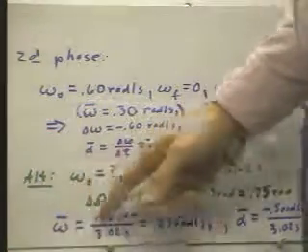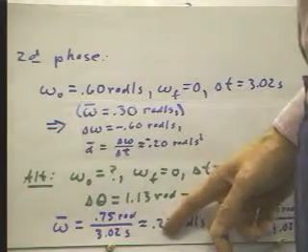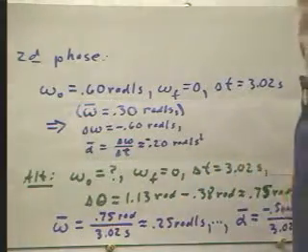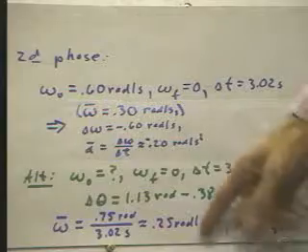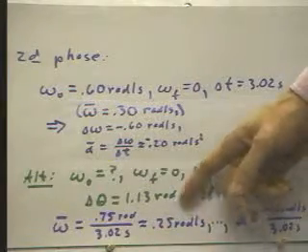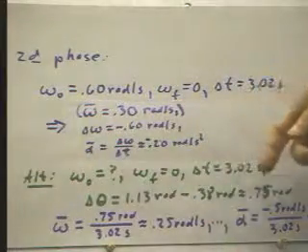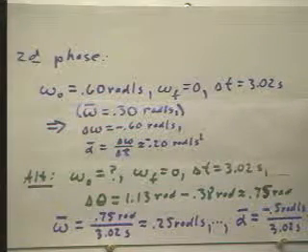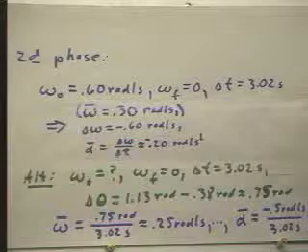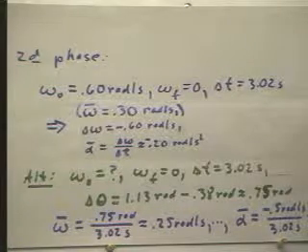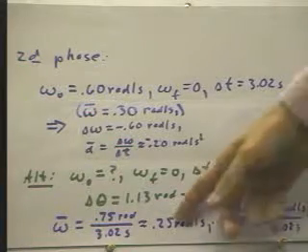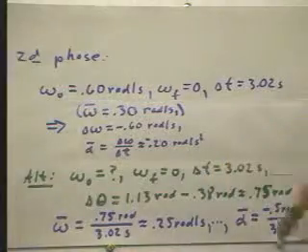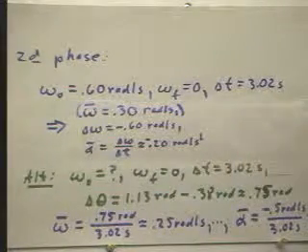That tells us that the average angular velocity must have been about 0.25 radians per second. And then we can use this, of course, to find the final angular velocity, or in this case, the initial angular velocity. And that's going to be double the 0.25 radians per second, or 0.5 radians per second.